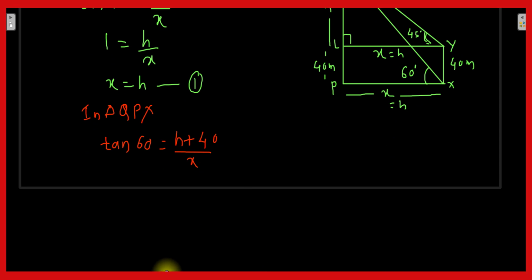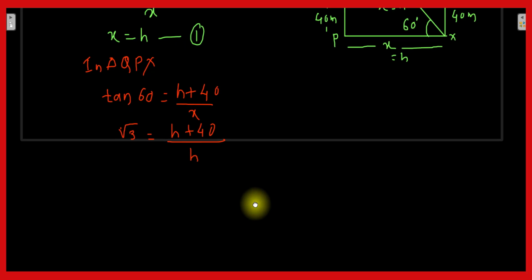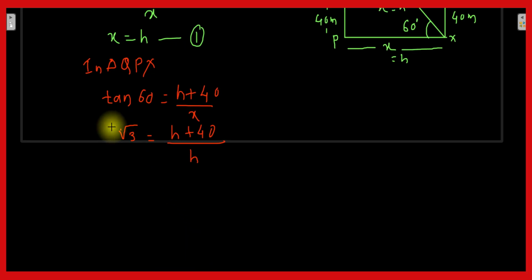So we can write this further as tan 60, and tan 60 is root 3, which is equal to H plus 40 upon X, and X is what? H. This is from 1. Now take H to this side, so it will be H root 3, which is equal to H plus 40.